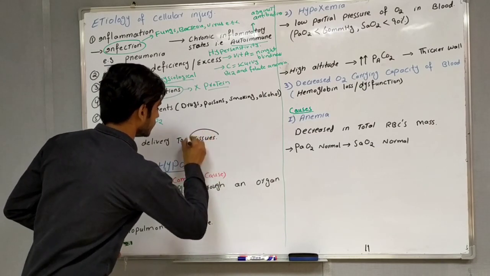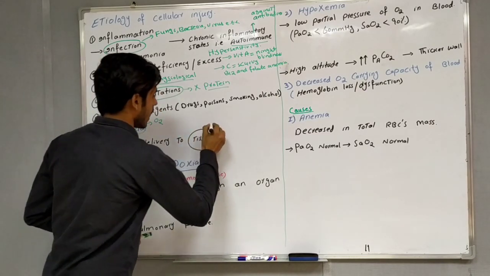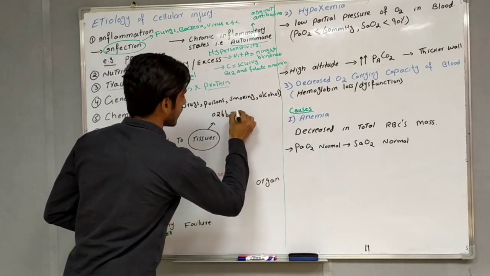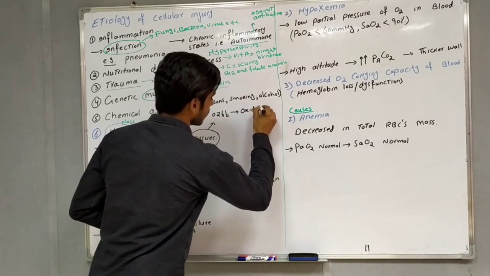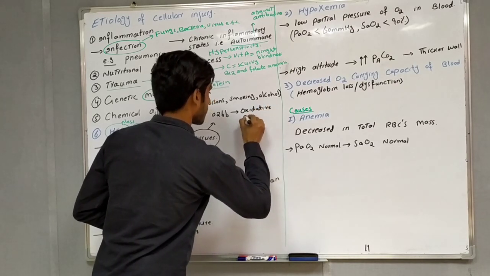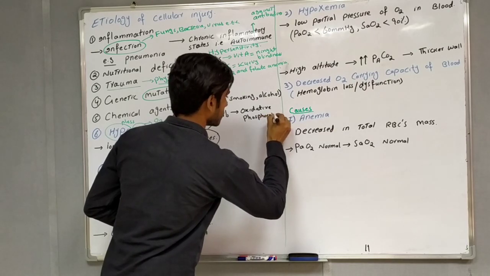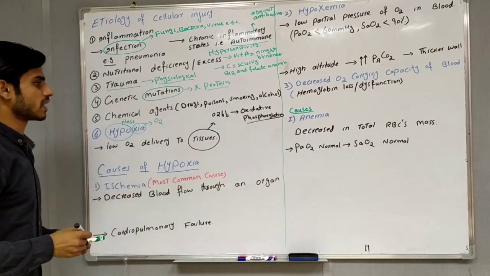Why do tissues go to cellular injury because of hypoxia? Hypoxia is oxygen deficiency. When oxygen decreases, there will be no oxidative phosphorylation. What is the role of oxygen in oxidative phosphorylation?